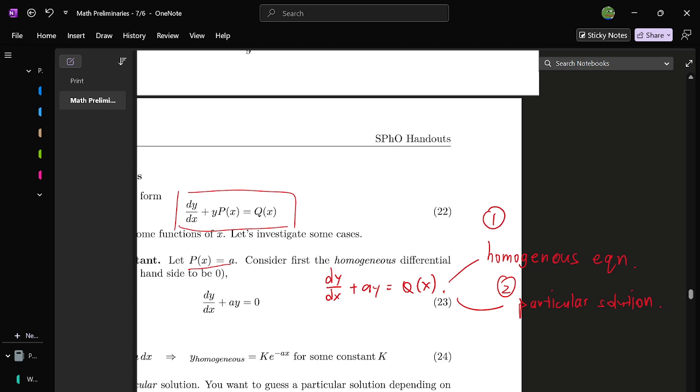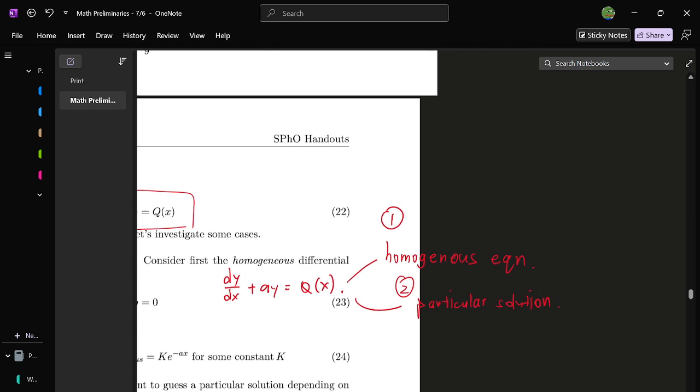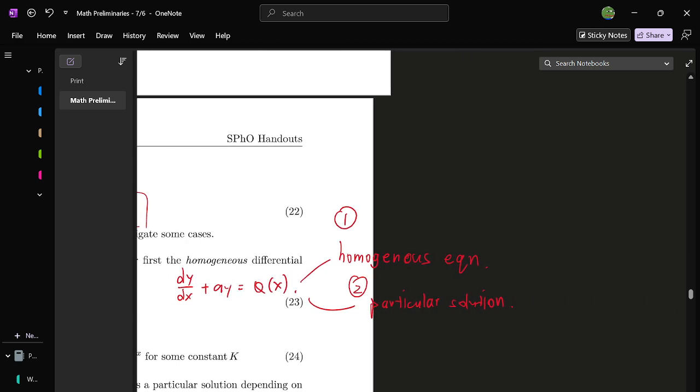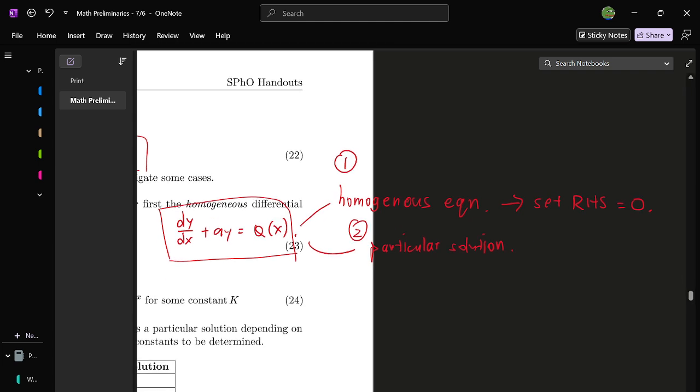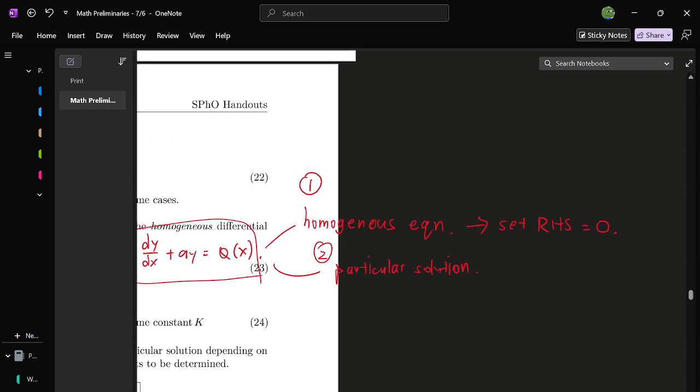So the homogeneous equation, how we find this is we simply take this equation, we just set the right hand side equal to 0. That's it. That is the homogeneous equation. In this case, you would just get this.